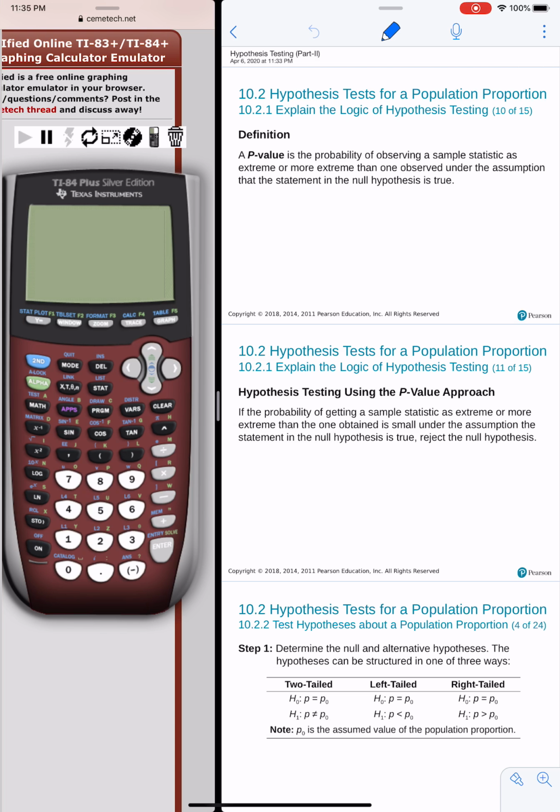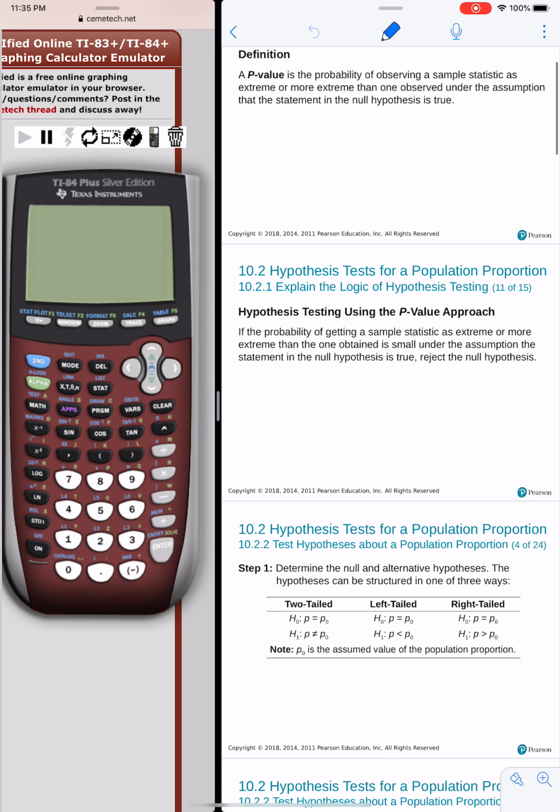Now that might seem like a very complicated statement, but a simple case would be, let's say we have a null that p is equal to 0.5 and the alternative is p greater than 0.5. We collect a sample, we perform a test, and we end up getting the p-value.